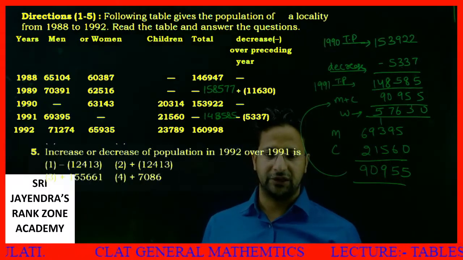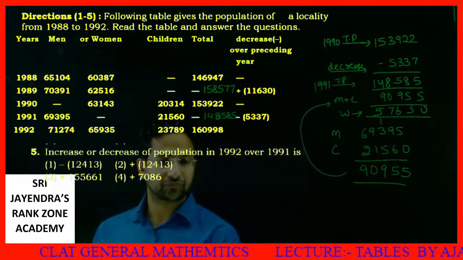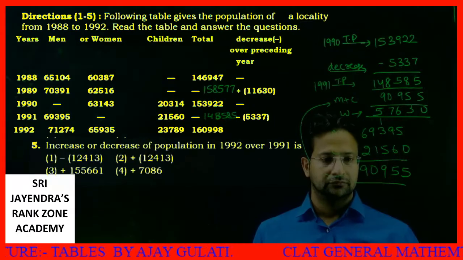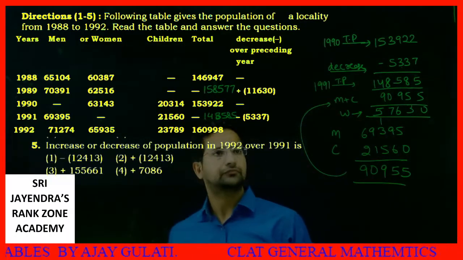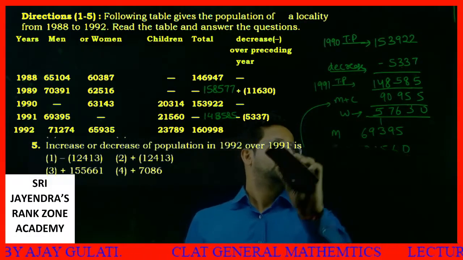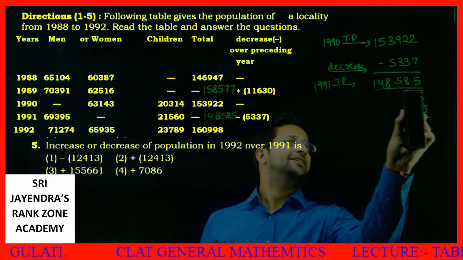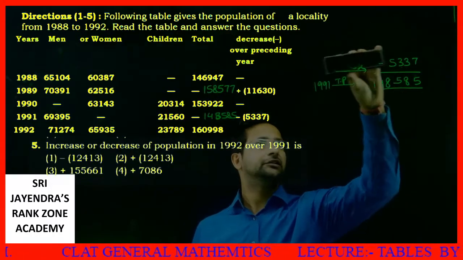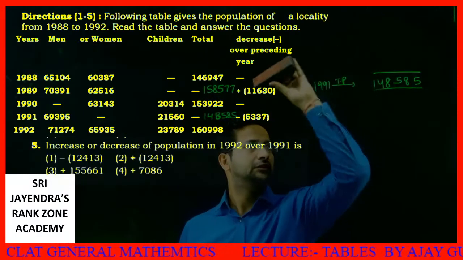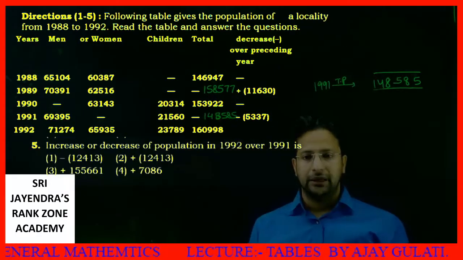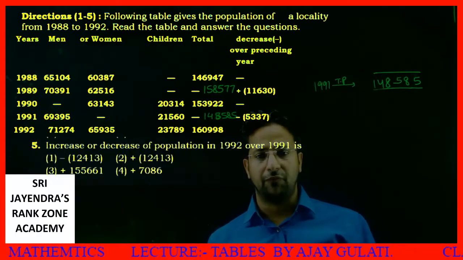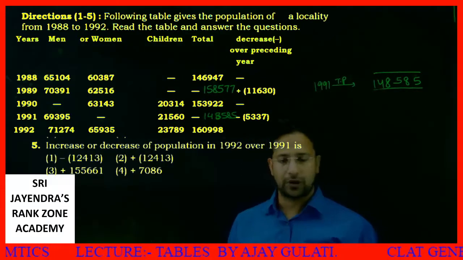Before the next question, let me wipe this off. I am just not decreasing this total population because let's read the question first. Increase or decrease of population in 1992 or 1991.